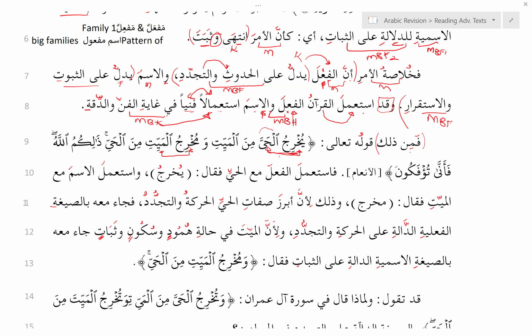So qawl is an ism. So this becomes our mubtada, right? So this is our mubtada, and therefore this is our muta'alliq bil khabar. And of course the khabar is mahdhuf, right? قوله تعالى, and of course the ta'ala goes back to the dhamir there, okay? His statement, exalted be he, right?